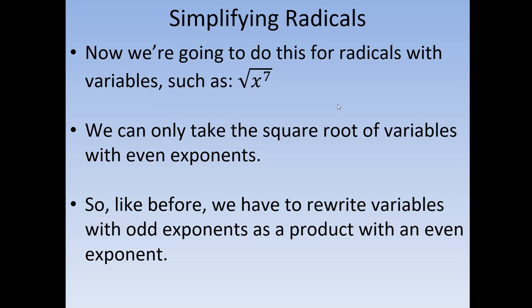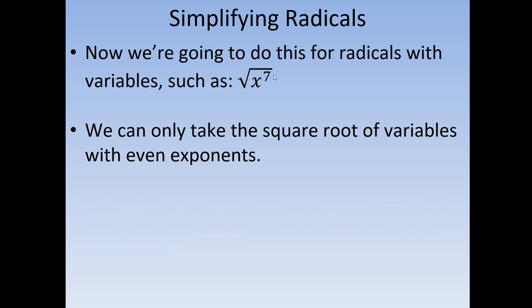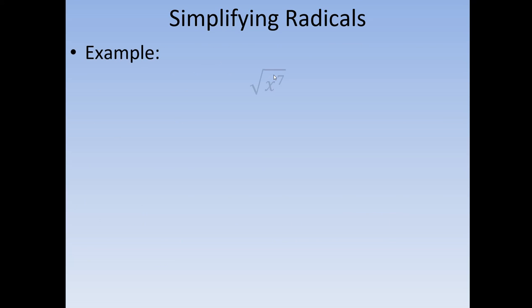The nice thing about this is that the largest variable that goes into x to the seventh that's a perfect square will be one less than this, because remember, we're looking at even numbers. So this would be rewritten as x to the sixth times x, because remember, when you multiply two numbers, you add their exponents. So 6 plus 1 equals 7.